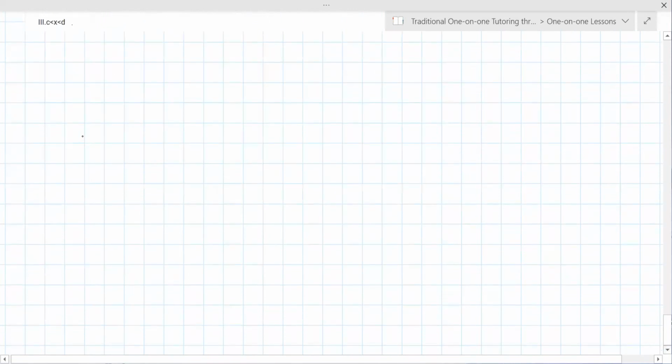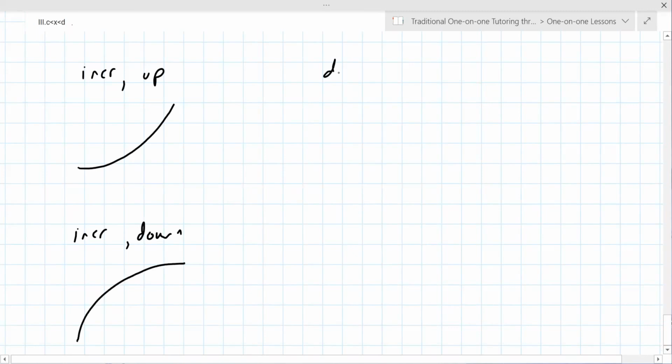This is increasing concave up. This is increasing concave down. Decreasing concave up. Decreasing concave down.